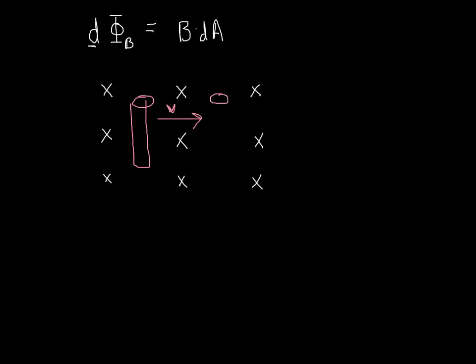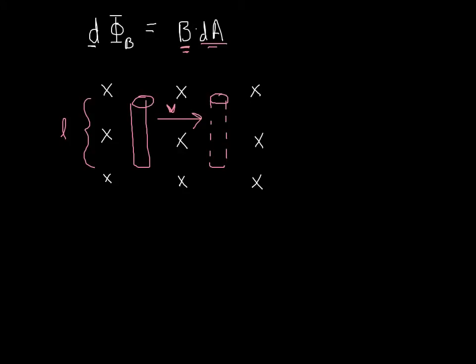So at some later time, our little piece of wire is going to have moved. And again, we'll keep that same length L. Now what I need to do is figure out what the magnetic field is here, B, and the area of my wire that's been inside of that magnetic field. I need to figure out dA.